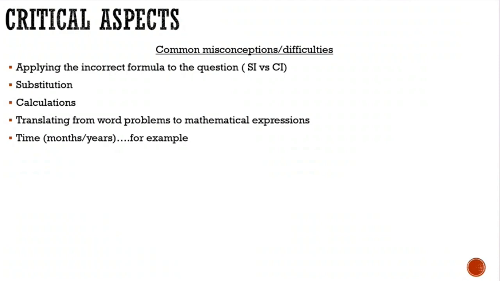And also what is very, very critical is translating from the word problems into mathematical expressions. That is where most of the people would find it difficult to read the English context and put it into mathematical terms. And also there's an issue of time. When the time is compounding, and when the time is less than a year, what is it that we do? Those are the little things that you might think they don't matter, but they do matter.